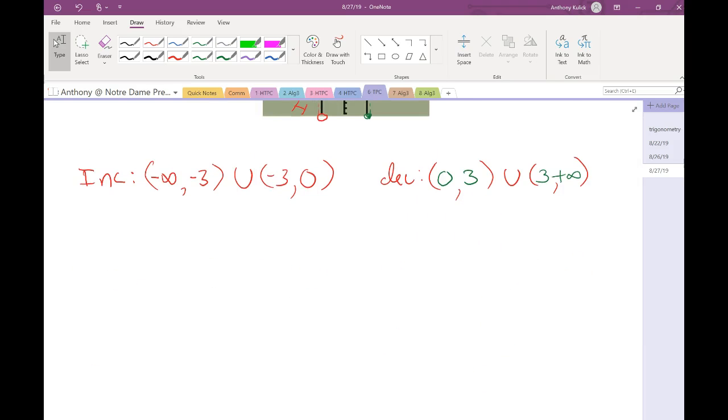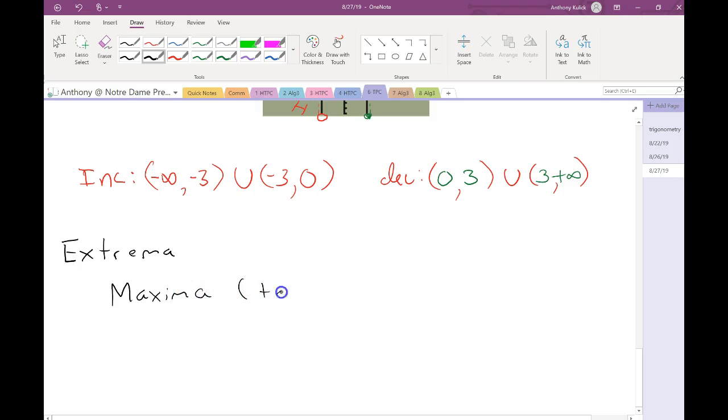So the other part of this topic we need to talk about is the extrema part. So there's two kinds of extrema. There's maxima, that's the plural for the word maximum.